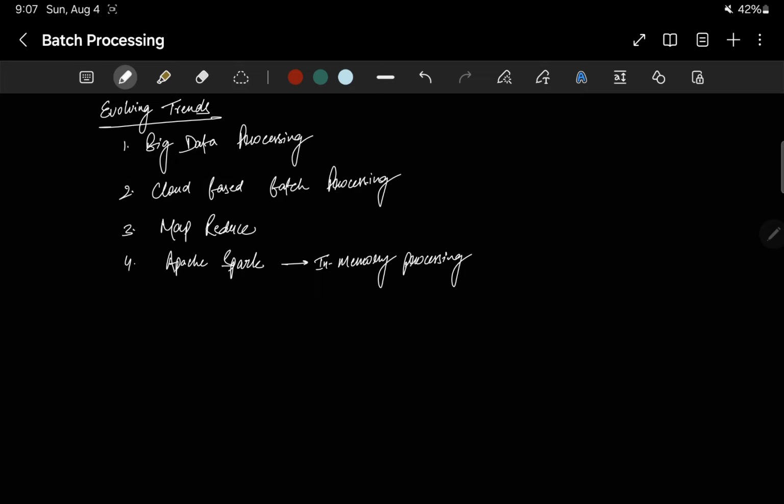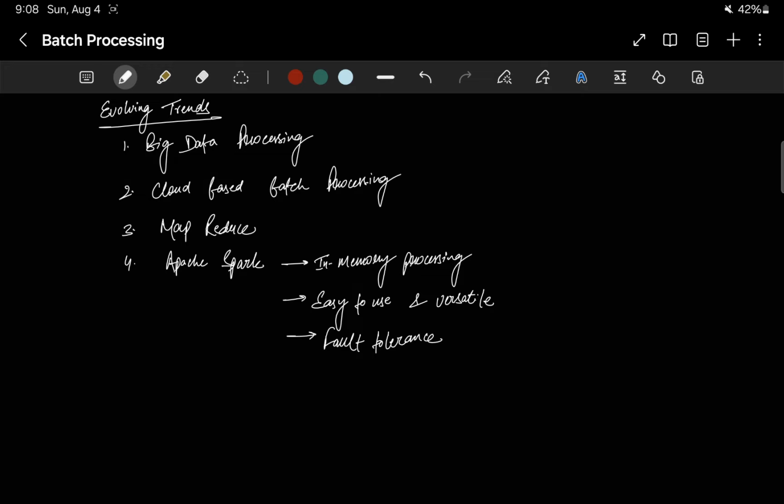It's easy to use and versatile, and it's fault tolerant. Okay, so this completes the batch processing.